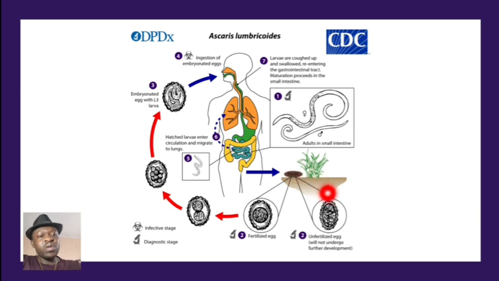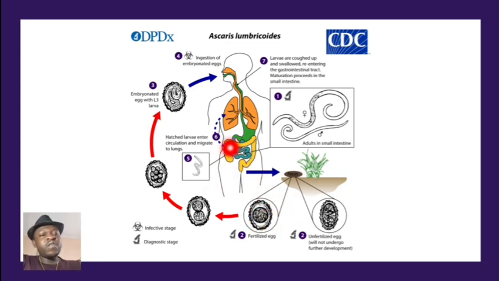Some eggs will not be fertilized, so they will not develop any further. But if they are fertilized, they continue with development, because this one is an embryonated egg. Embryonated eggs are the infective form for humans, and then the cycle will continue.